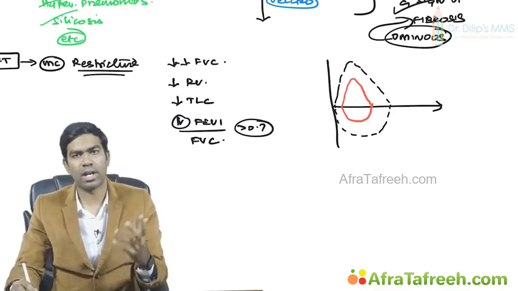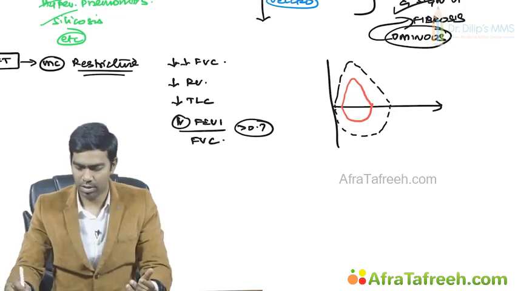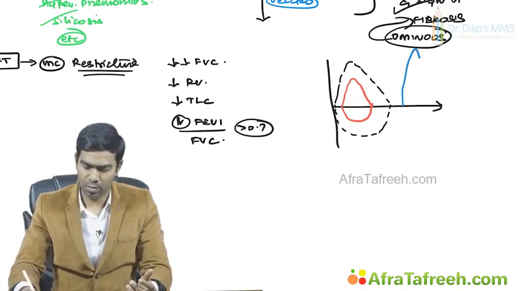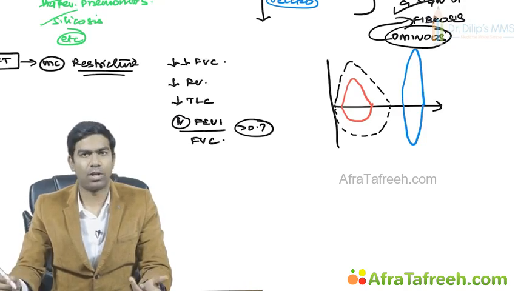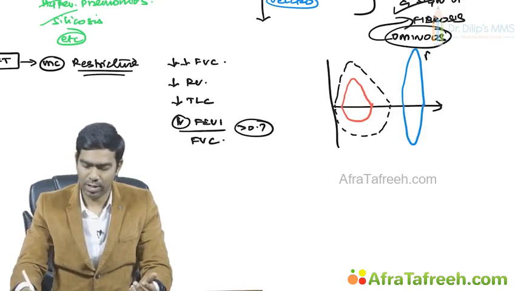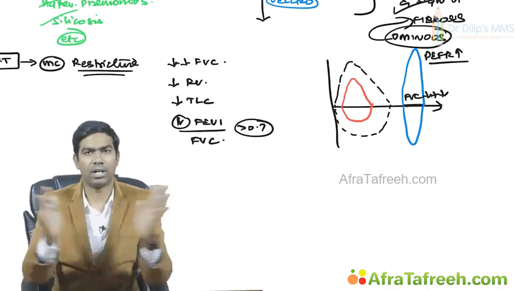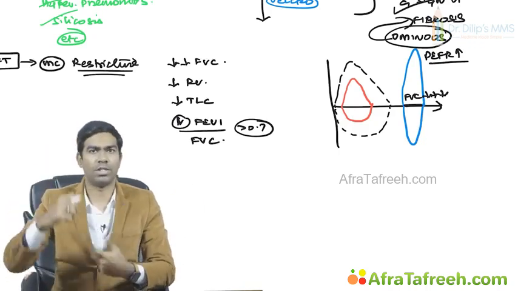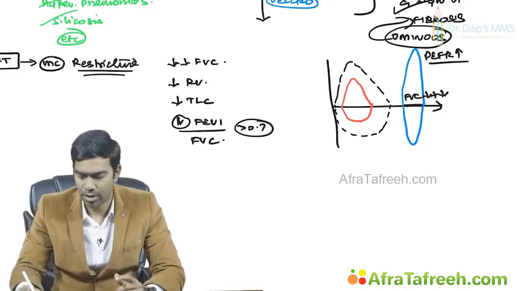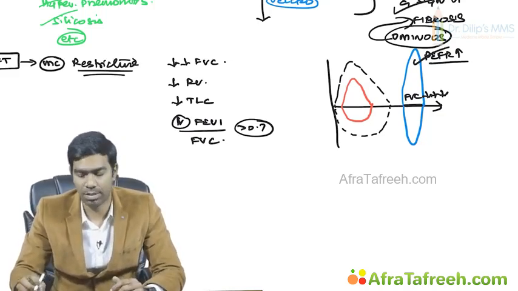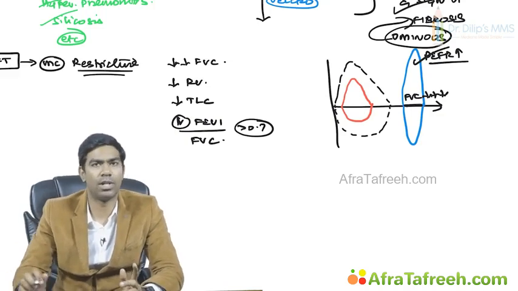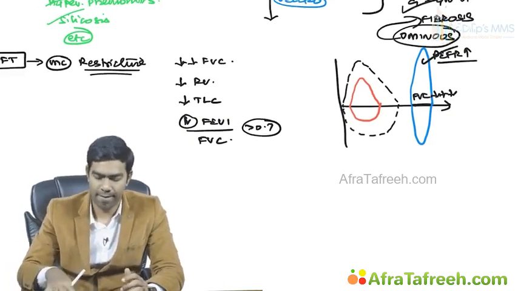But in patients who have ILDs with severe reduction in compliance, you can also see a flow volume loop something like this. This is called hamburger shape, where you might see an extremely low FVC, because the curve looks flattened on top, which means your PFR may appear falsely elevated. So this is what we call hamburger shape. Anyway, these are the two flow volume loops that you're going to get in ILDs.